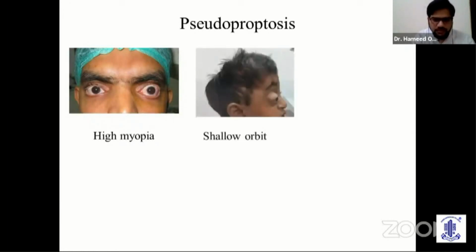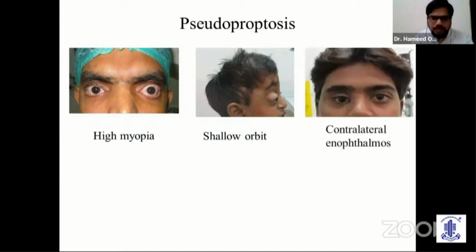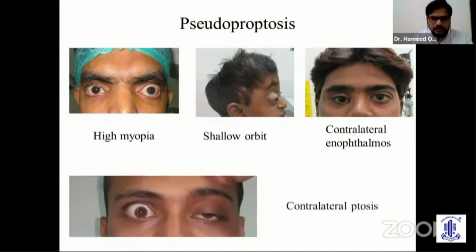In the second example, you can see this is a case of craniosynostosis in which you have a premature closure of the cranial sutures leading to shallow orbit and it fails to accommodate the normal globe, causing proptosis. And in other cases like contralateral enophthalmos in post-traumatic blowout fracture, you can present as a pseudoproptosis of the normal eye. And even in contralateral ptosis, you can have an ipsilateral upper lid retraction, which can mimic proptosis.